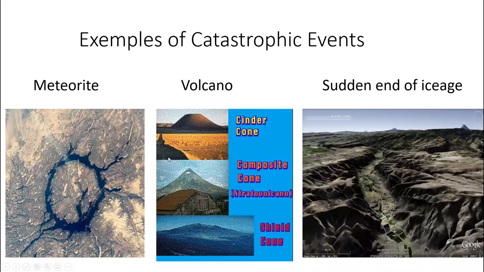Now, those are examples, for example, of a meteorite. You have that. This is in north of Quebec. You can see that. Volcanoes. You see the volcanoes, how it changed there. Sudden end of Ice Age. You see here, this is an example of a lot of water that went through this.